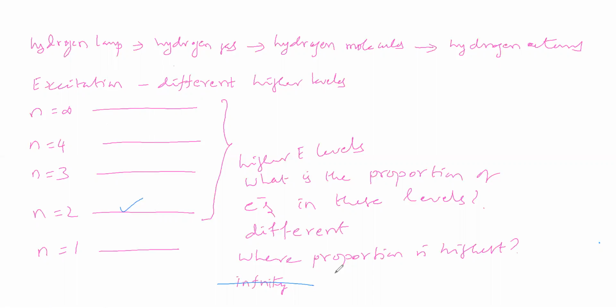Now, higher energy level electrons: in higher energy levels, different proportions of electrons are present. They are going for de-excitation. Due to de-excitation, quanta are emitted.